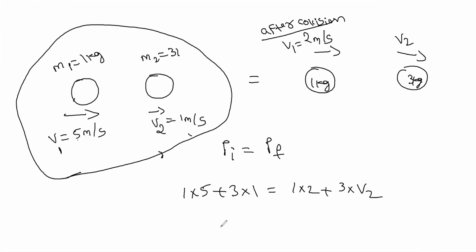So we will get this velocity as... 3 meters per second, I think. Calculate. So 3, 8, right? 8 minus 2, 6, 6 by 3, 3. Oh, sorry, I took it as 2. Yeah, sorry, it will be 2. So 2 meters per second. Okay.